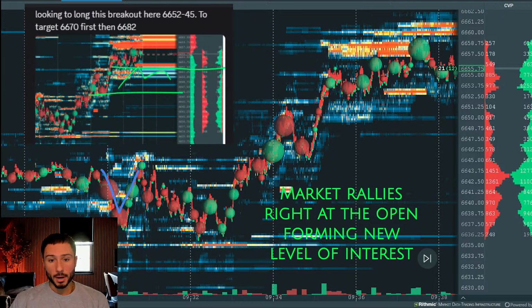We have the market rallying up, and I want you all to watch the structure of the volume profile right here. As it's lifting up, and again, this is why context is important, because what I think a lot of traders do, and it's normal to do this, is that they see a green bubble, they're longing it. Or they see a green bubble, no follow through, I'm shorting it.